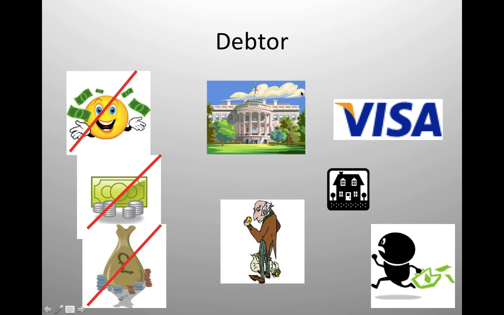So looking at these pictures here, I'm thinking, oh, these are all things that could put somebody in debt. A Visa is a credit card. So if you buy something on a credit card, that puts you in debt and you have to pay that back. If you spend $100 on a new pair of jeans and then you put it on your credit card, you have to pay that back, that $100, to Visa, probably plus something we call interest, which is like a fee, and that's how Visa makes money.